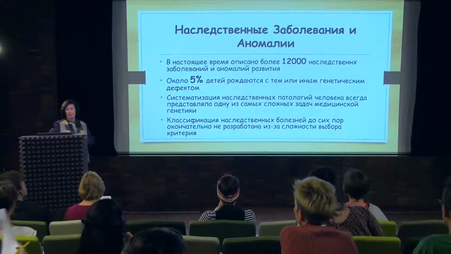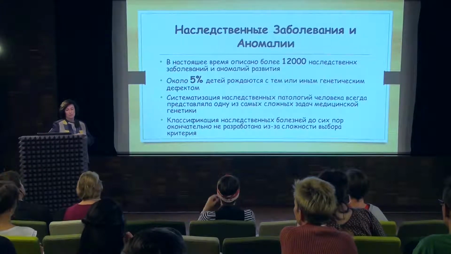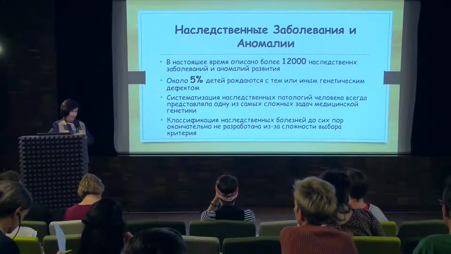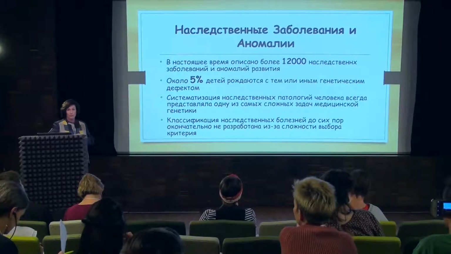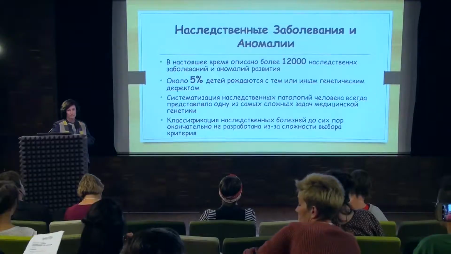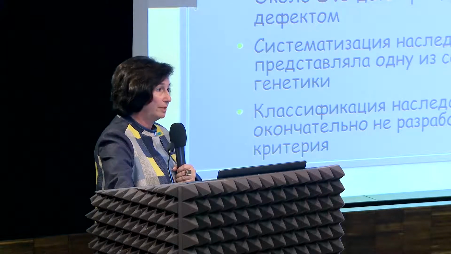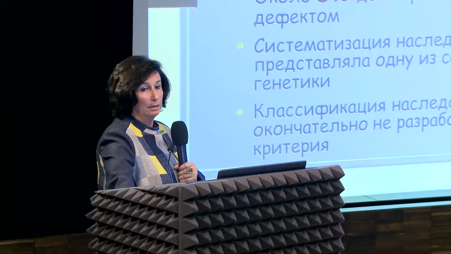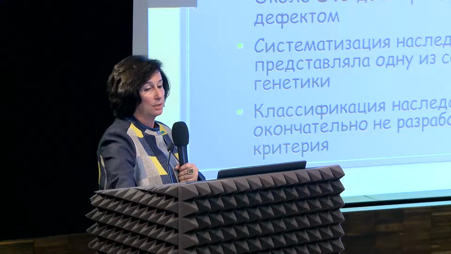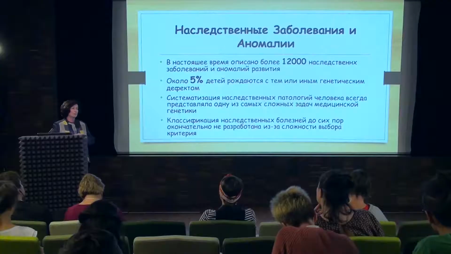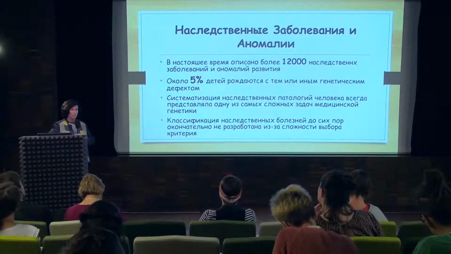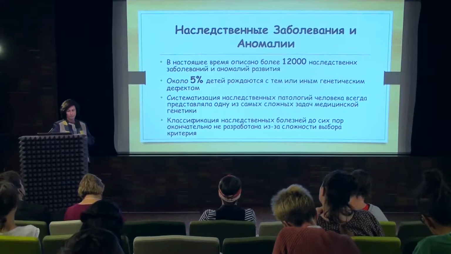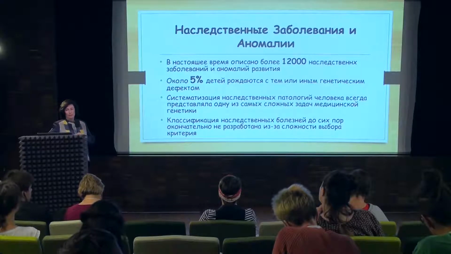And now the discouraging statistics. More than 12,000 inheritable diseases and development anomalies have been found today. We are not able to highlight them all in 40 minutes. About 5% of all children are born with some or other genetic disorders or defects.